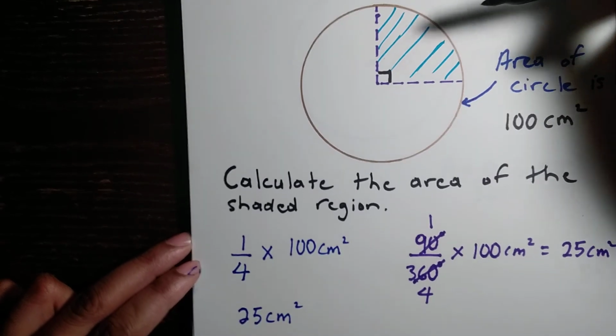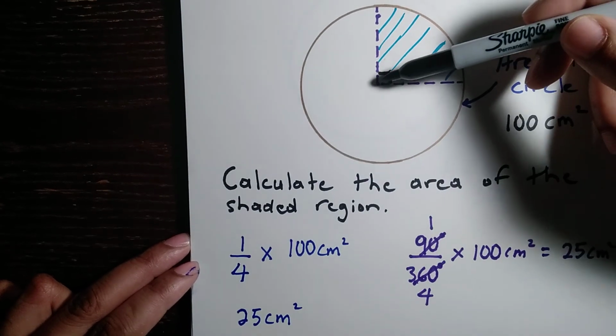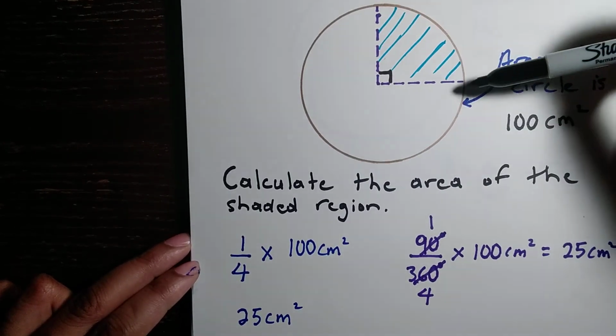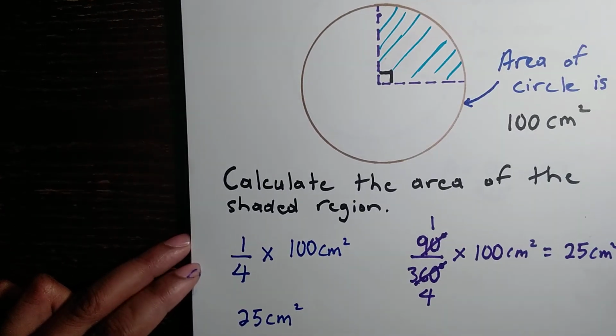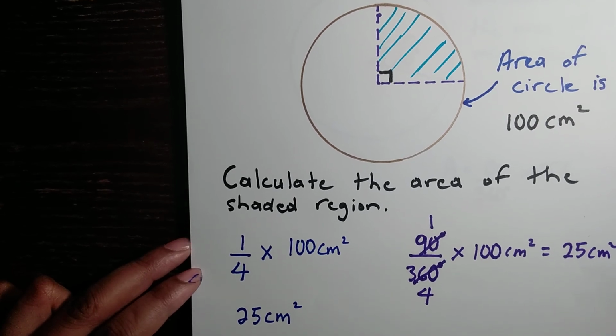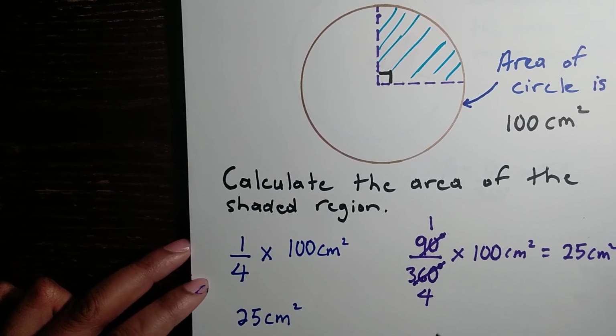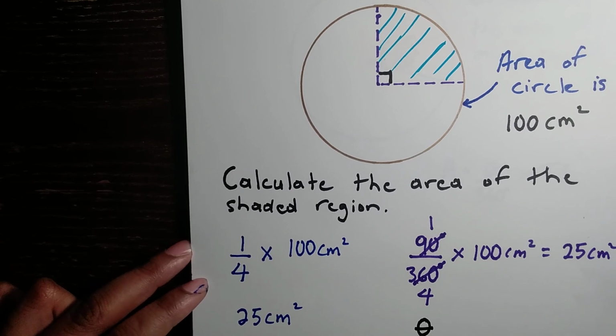So the central angle comes from the center of the circle, and the sides of your angle touch the circle. Now, in math and science, a symbol that is used for an angle is a Greek letter known as theta.